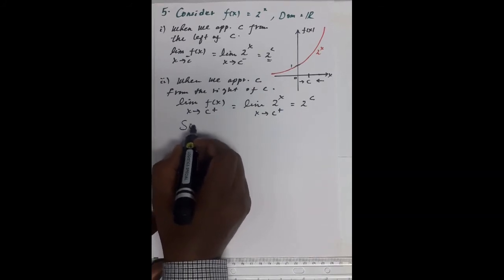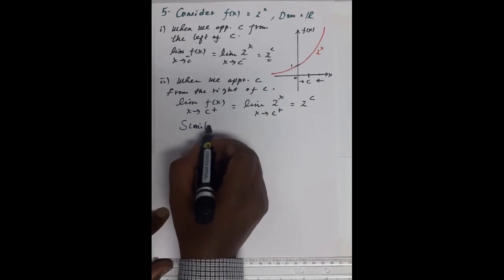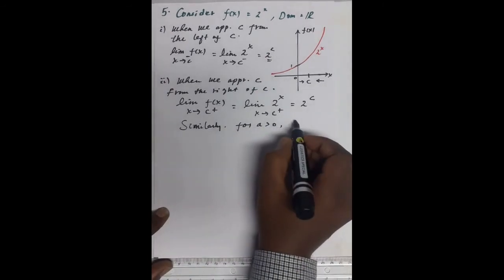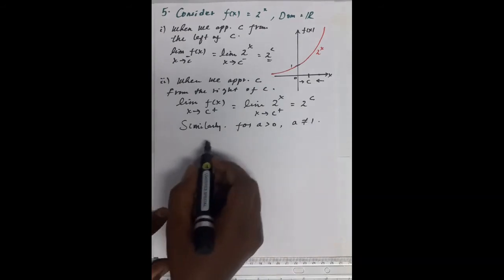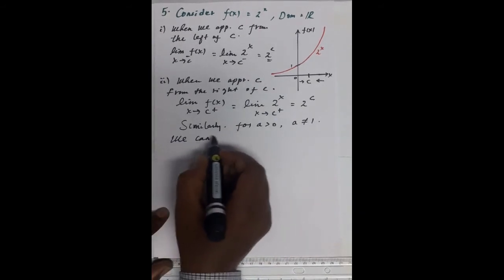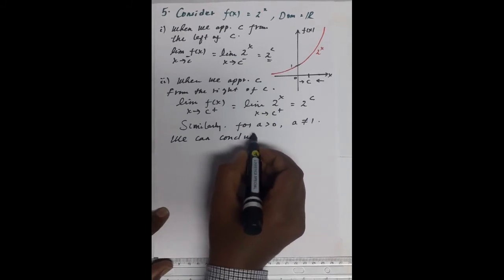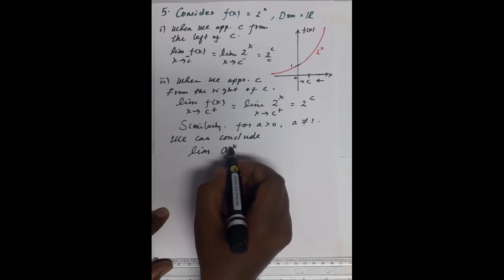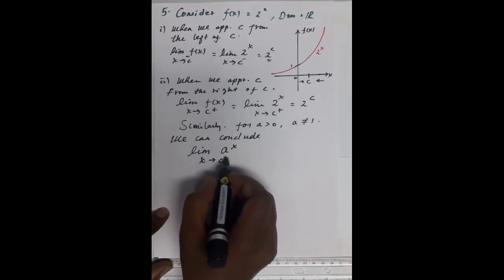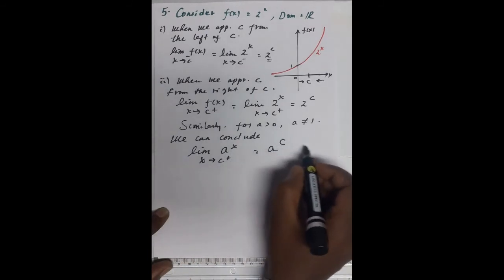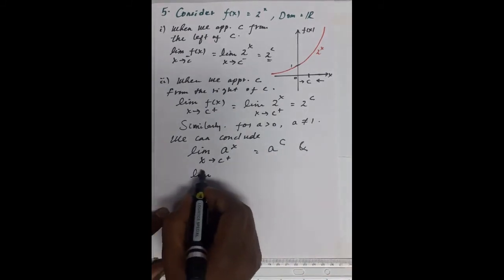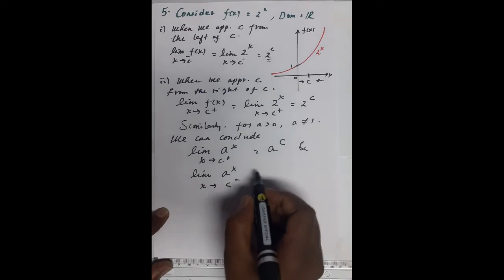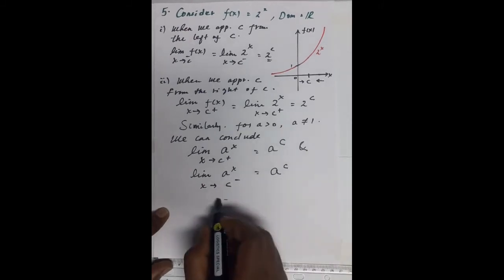Similarly, for a greater than 0 and a different from 1, we can conclude the limit of the function a to the power of x as x approaches c from the right is equal to a to the power of c, and the limit of the function a to the power of x as x approaches c from the left is equal to a to the power of c.